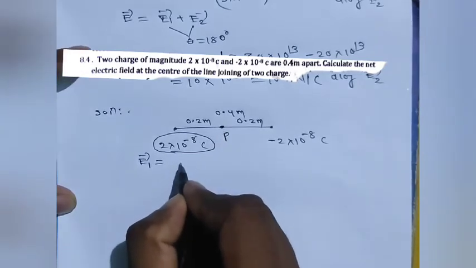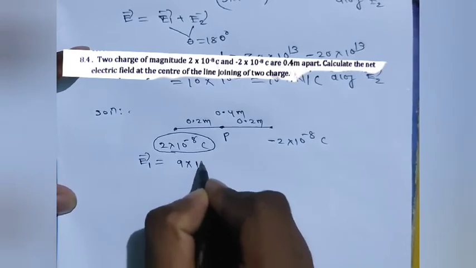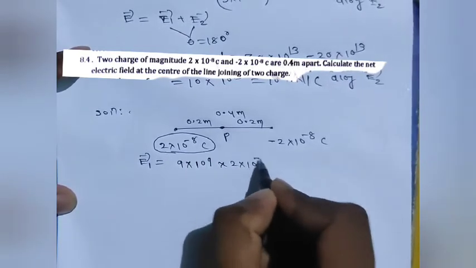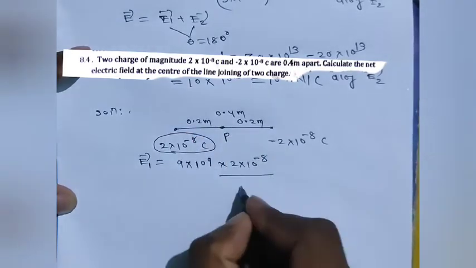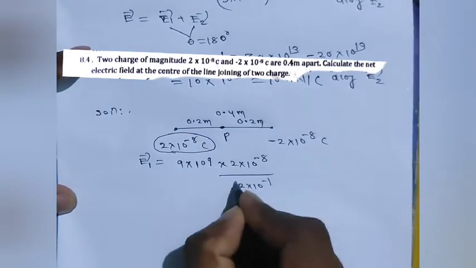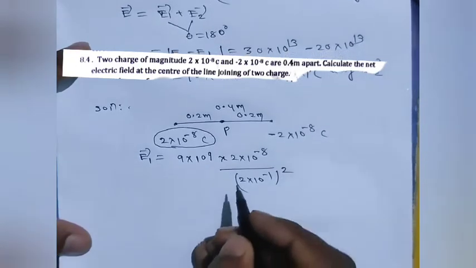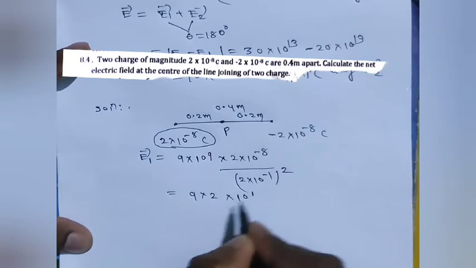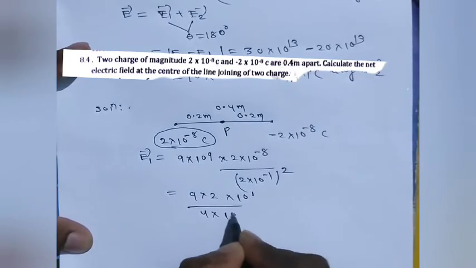So it will be 1 by 4 pi epsilon 0, q by r square, and we know the value of 1 by 4 pi epsilon 0 is 9 into 10 to the power 9. Q is how much? 2 into 10 to the power minus 8, and r square is 0.2 meter, means 2 into 10 to the power minus 1 whole square. So it will be 9 into 2 into 10 to the power 1 over 4 into 10 to the power minus 2.